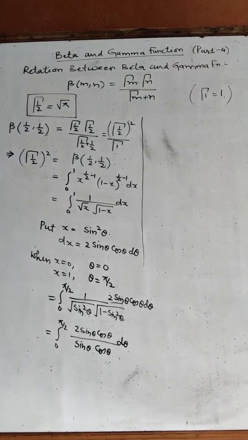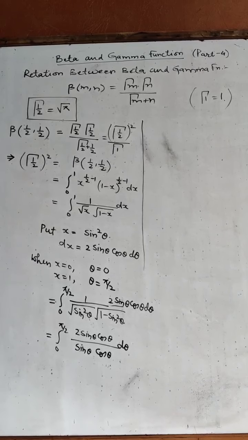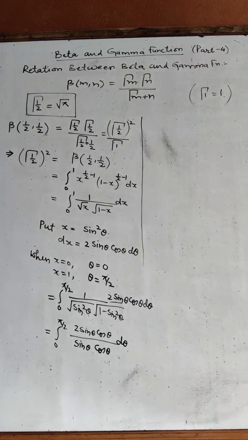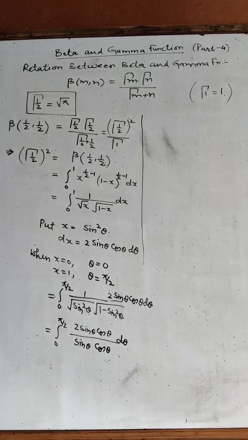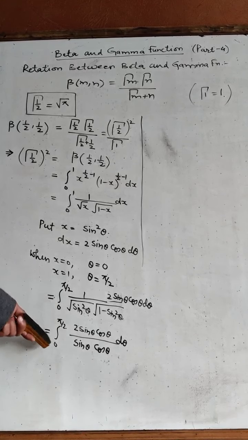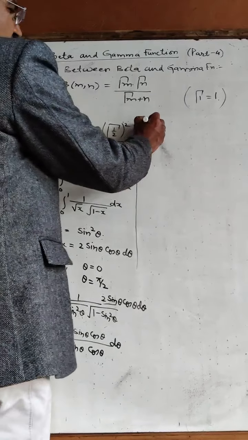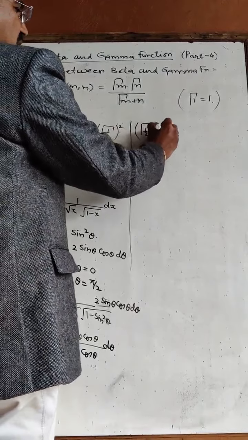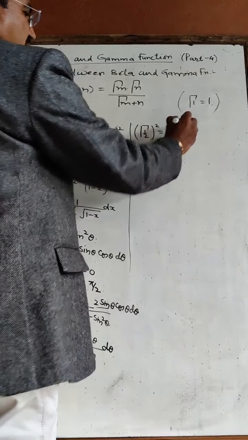To solve this integral, we have taken the substitution x is equal to sine square theta, we found dx as 2 sine theta cos theta d theta, we found the limits in terms of theta, then we simplified the integral and we come to the value that gamma of 1 by 2 whole square is equal to the integral from 0 to pi by 2.